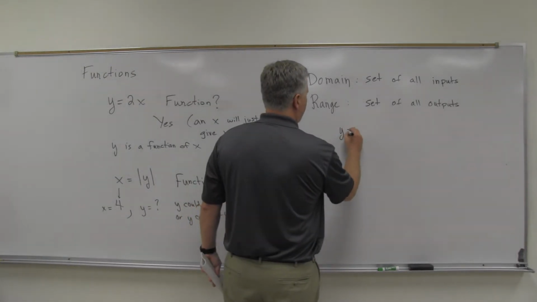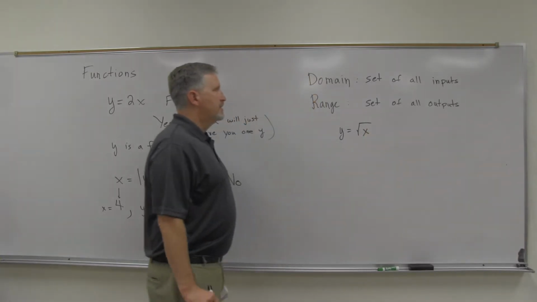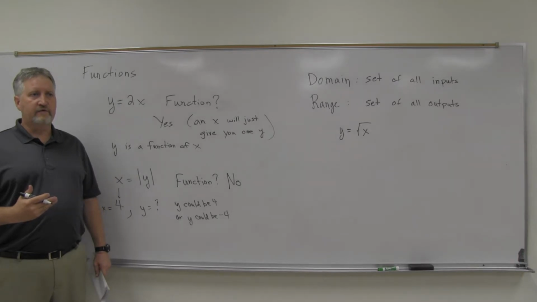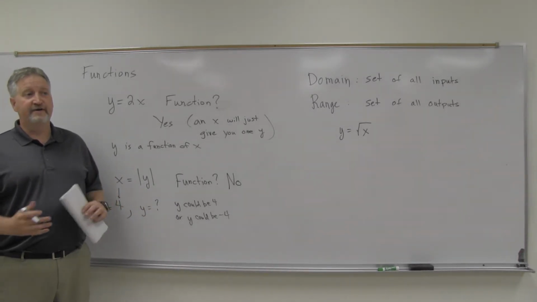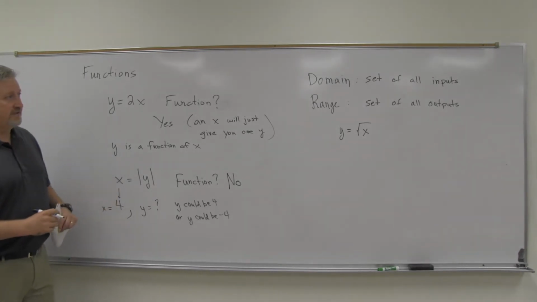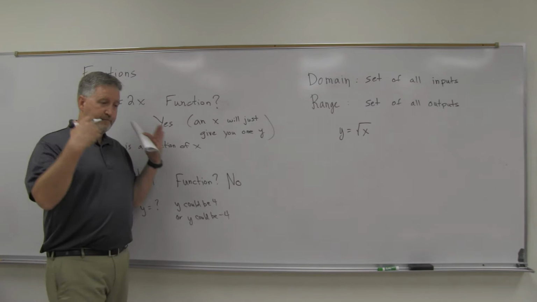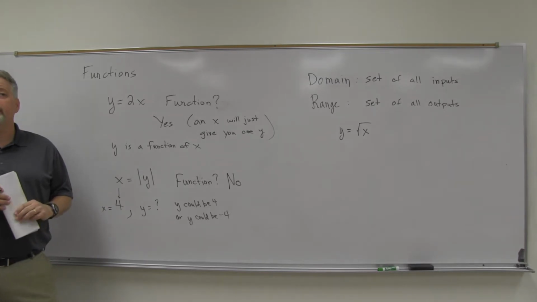All right, so let's say we got y equals the square root of x. The domain is what I can put in for x, and I'm talking about real values. We're not going to go into complex values for these. If both numbers have to be real numbers, doesn't that limit what my x can be here?